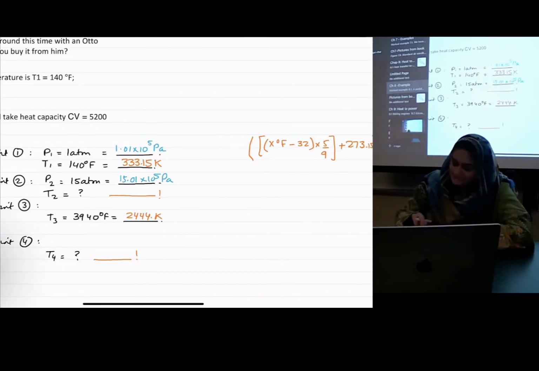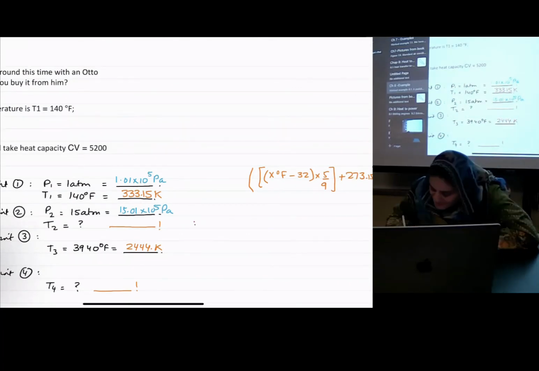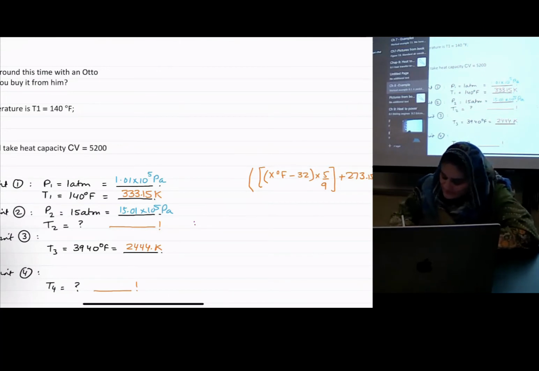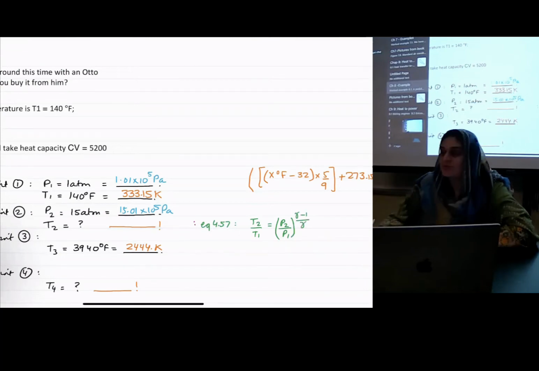So for T2, I think this one is equation 4.57: T2 over T1 is P2 over P1 to the power gamma minus 1 over gamma.